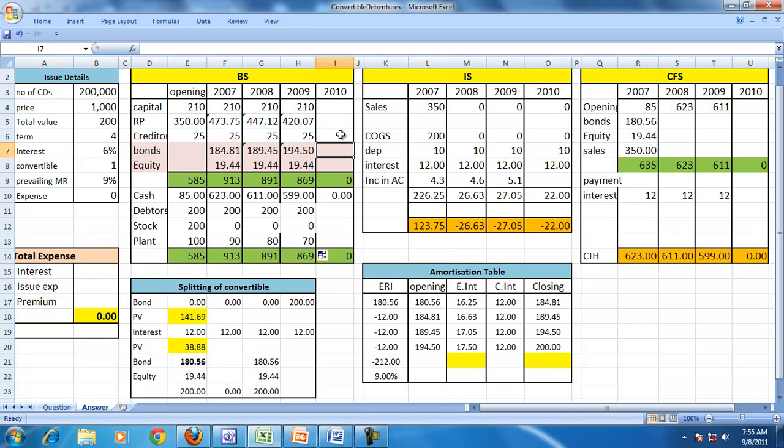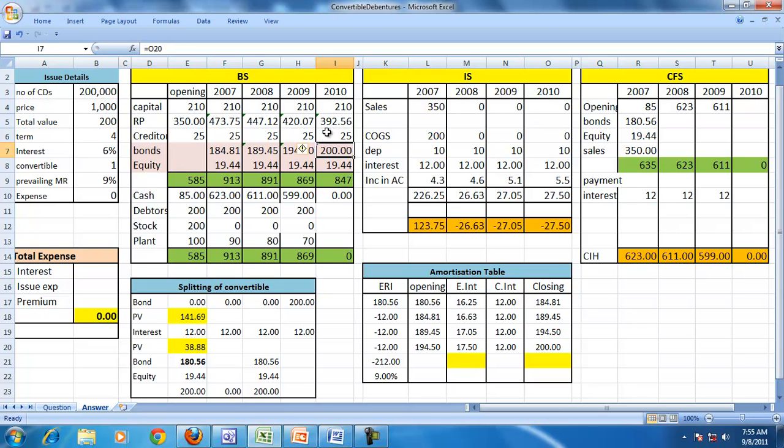So the value of the bond before the redemption will be 200. So therefore the increase in the value of the bond will be booked in the income statement. No change in the equity. The loss will be booked into the retained profit, and no change in the capital.